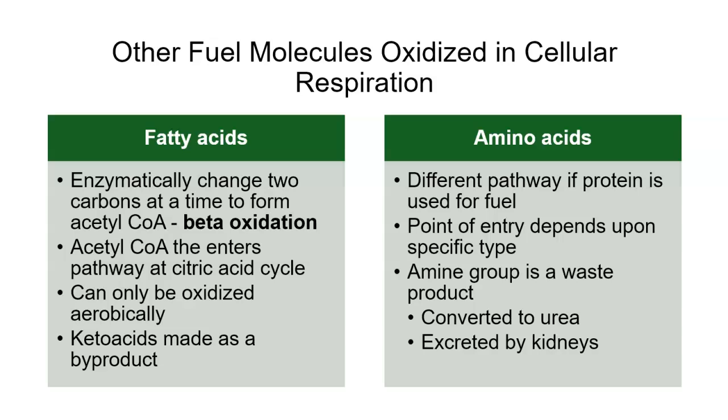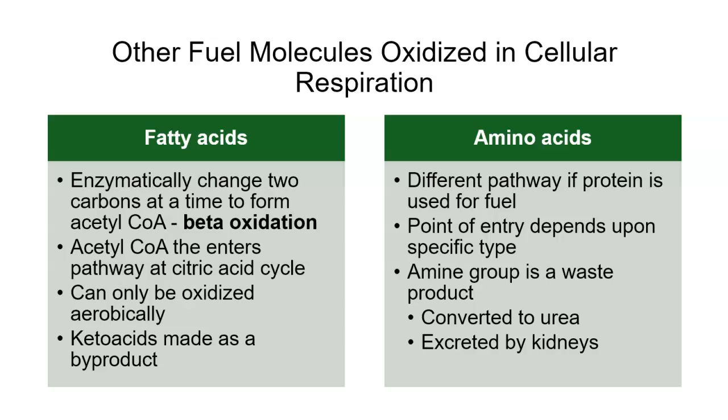At the beginning of this discussion, I mentioned that we can use other things such as fatty acids and amino acids to oxidize them and make ATP. Fatty acids are enzymatically changed to 2 carbon units at a time to form acetyl-CoA. We call that beta oxidation. The acetyl-CoA then enters the pathway at the Krebs cycle.